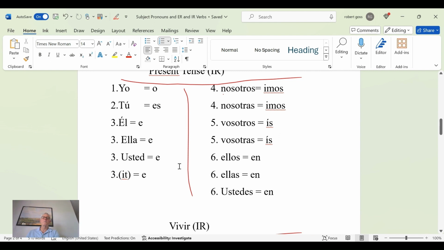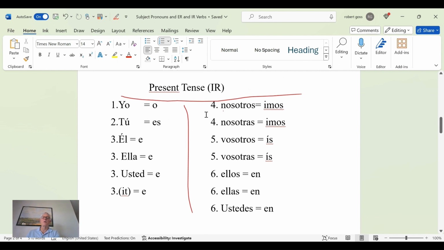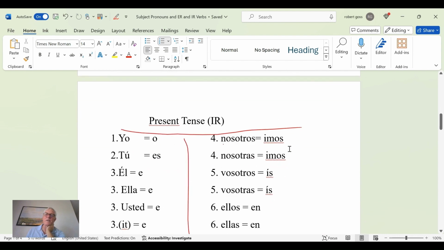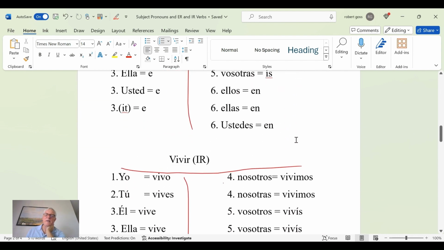The only difference between the two is with the number 4 conjugations, nosotros and nosotras, and the number 5 conjugations, which we're not going to use very much, from Spain, the vosotros or the vosotras. ER verbs, it's EMOS. IR verbs, it's IMOS.